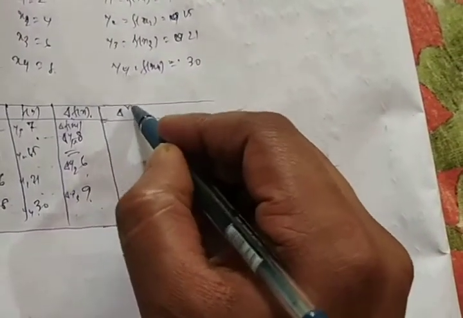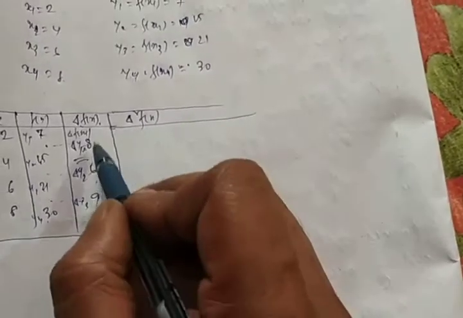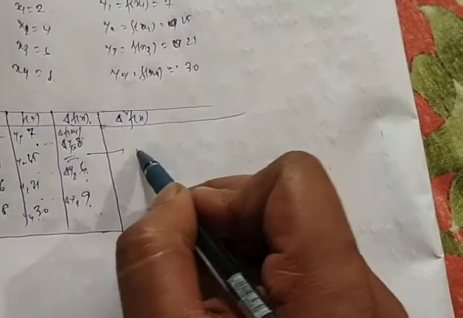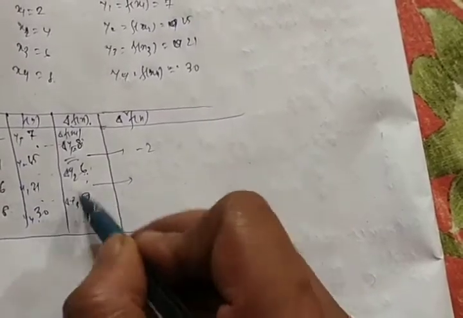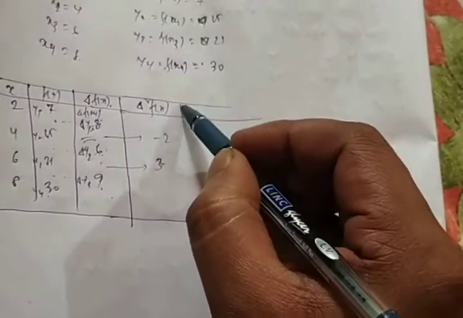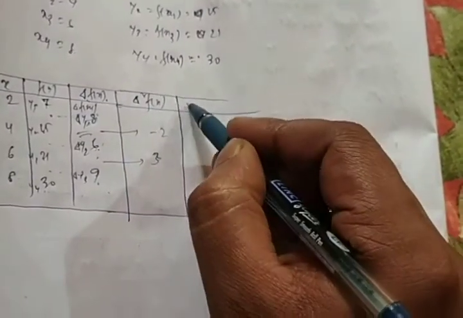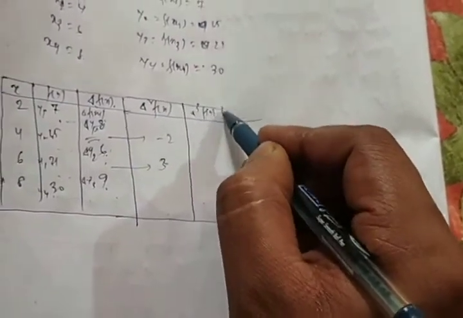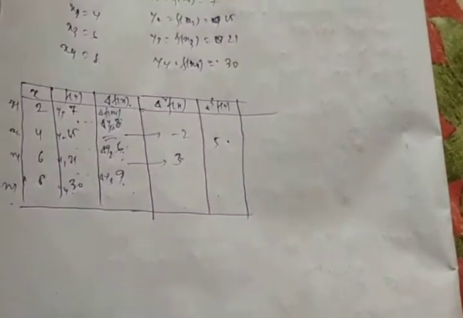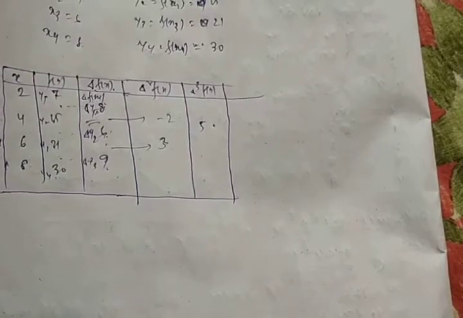Next, delta square f of x. That means the difference between these: 6 minus 8 is minus 2, and 9 minus 6 equals 3. And lastly delta cube f x, that means 3 minus minus 2, which is 5. So this is the difference table.